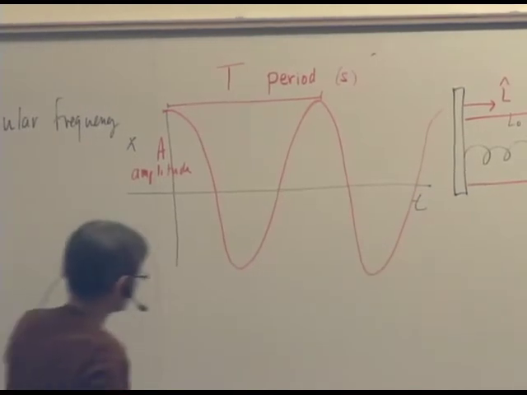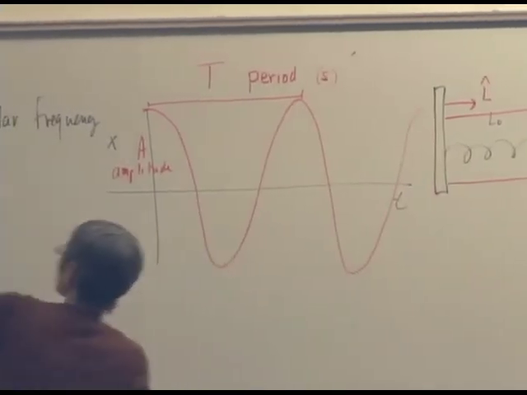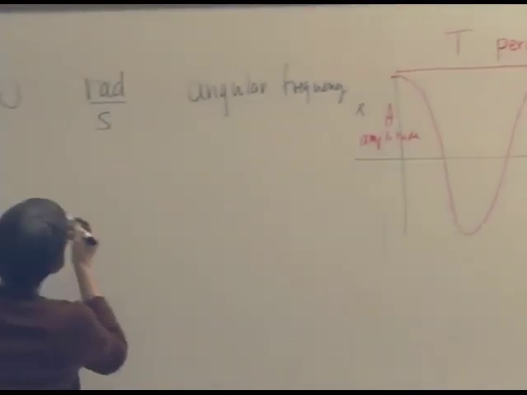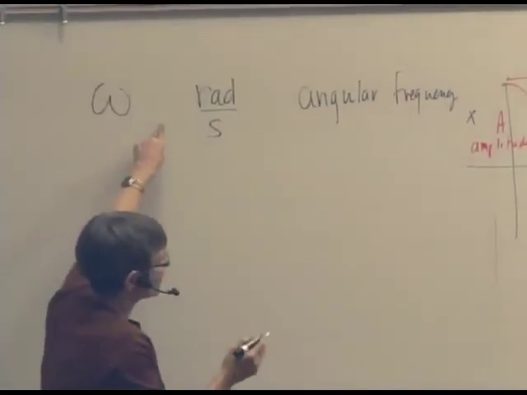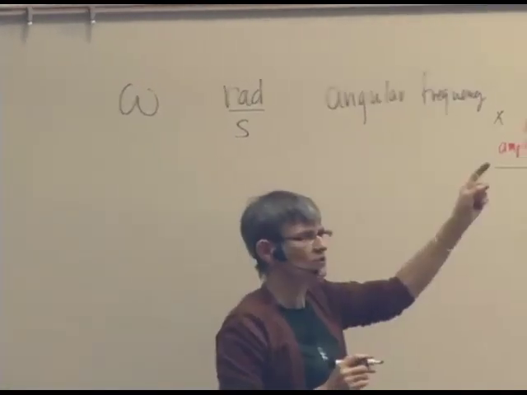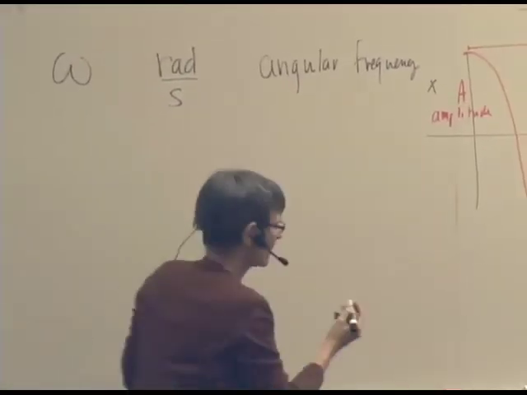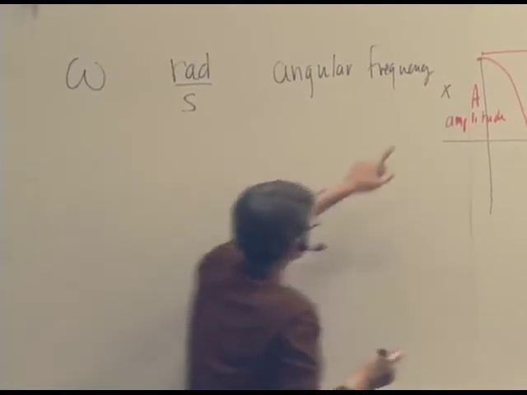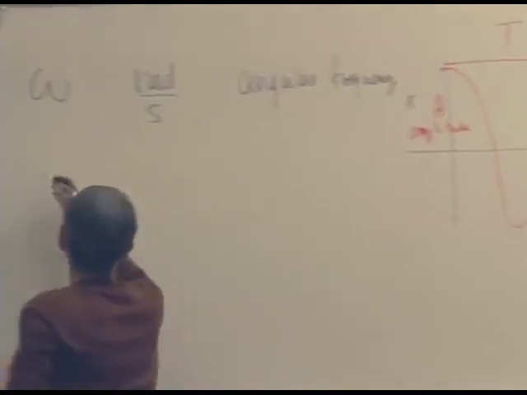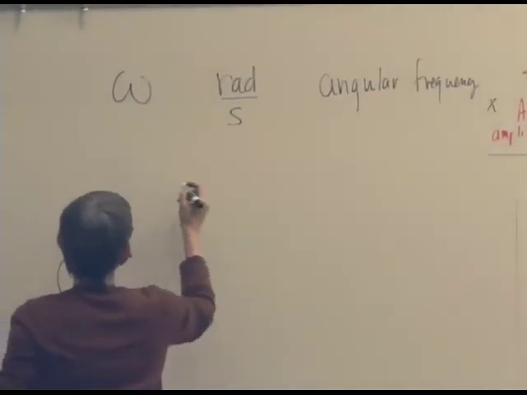And so there are various relationships that we can work out here. If this oscillation goes through omega radians in 1 second, then in one period, where it's gone all the way from where it started back to another, it should have gone 2 pi radians.